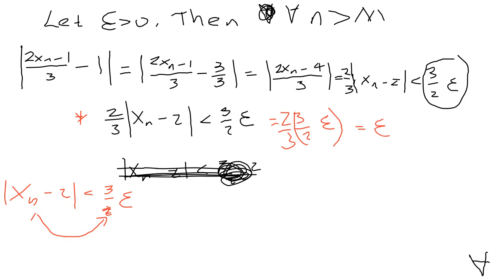So if x sub n minus 2 is less than 3/2 epsilon all the time, then 2/3 times x sub n minus 2 will always be less than epsilon as well, because it's equal to that. We have used M as 3/2 epsilon, and it's always less than that.